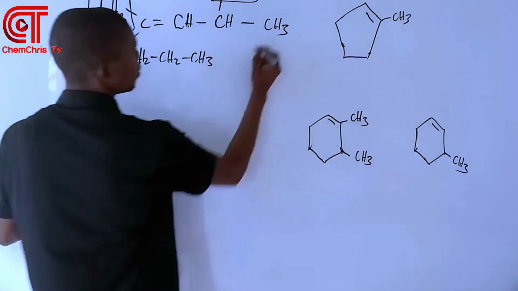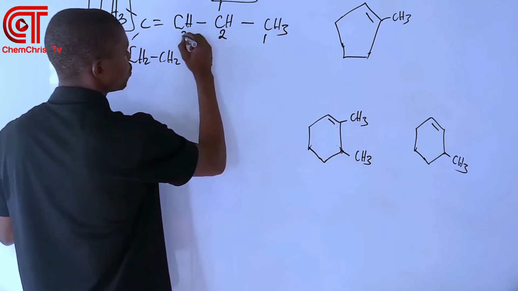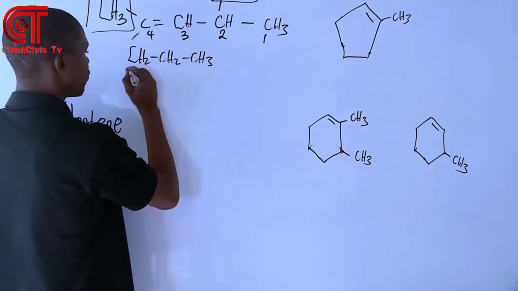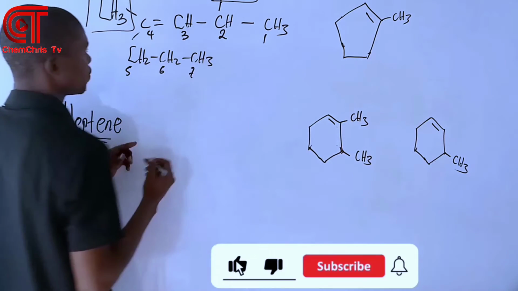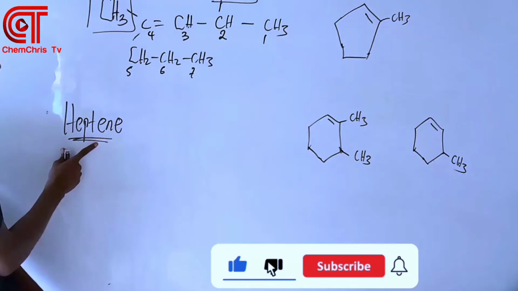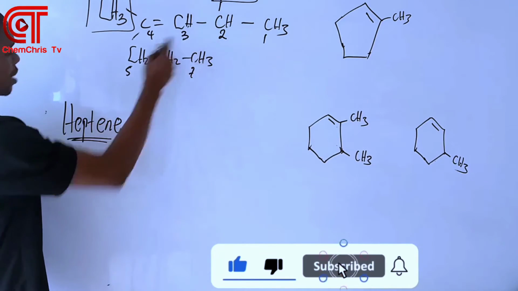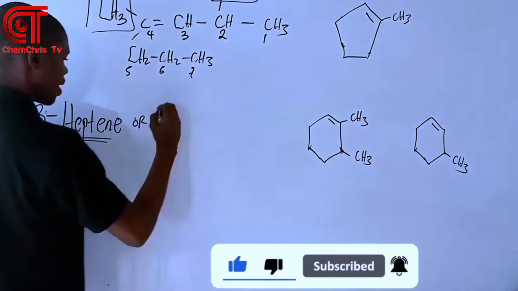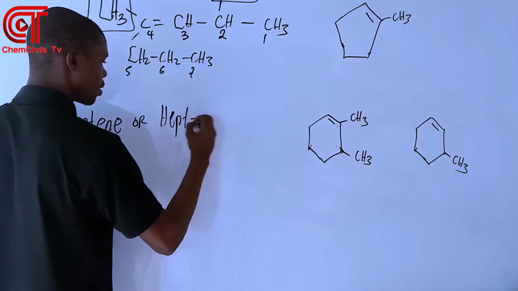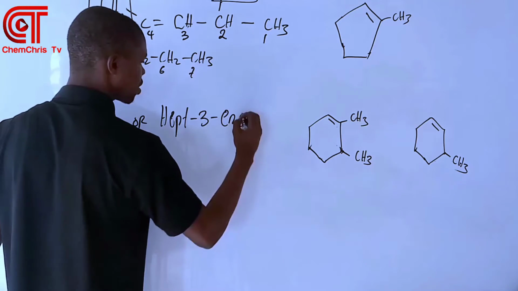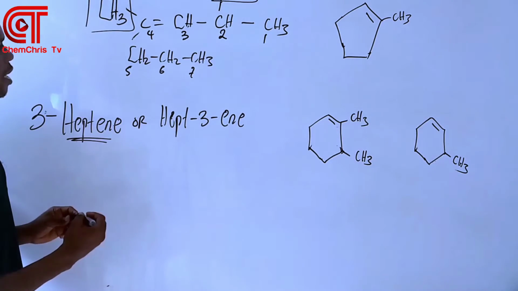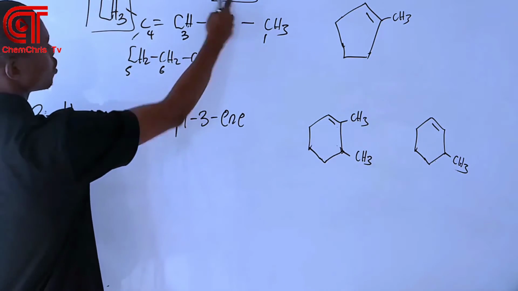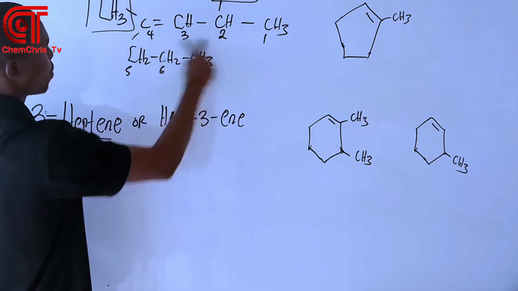So you start from here 1, 2, 3, 4, 5, 6, and 7. So instead of saying heptene, I have to say 3-heptene, or hept-3-ene, whichever we want to name that. You get that? So the positions of the two methyls are 2 and 4.